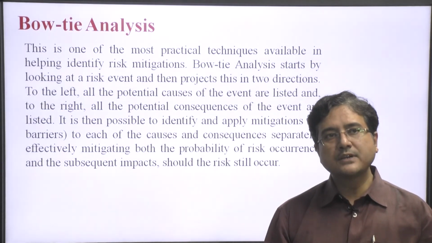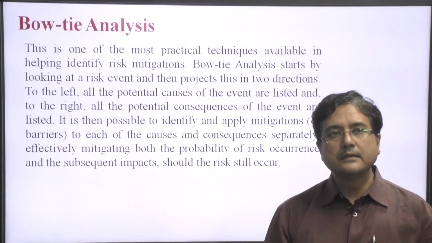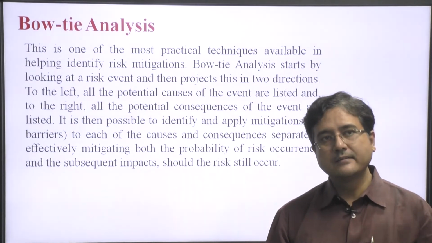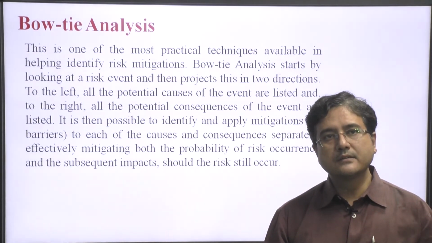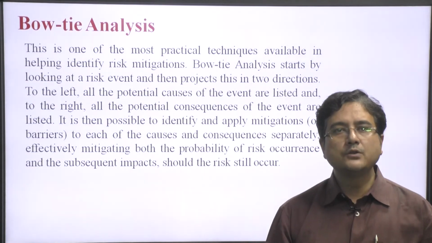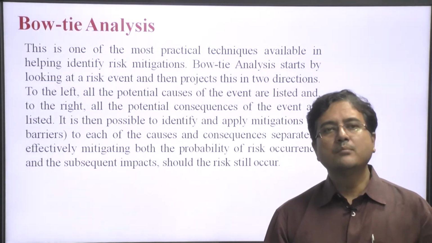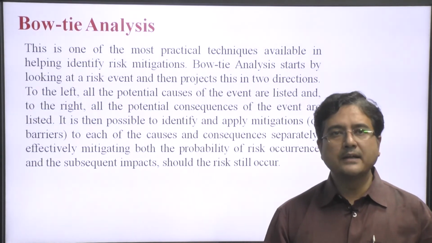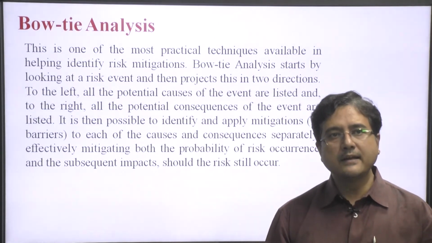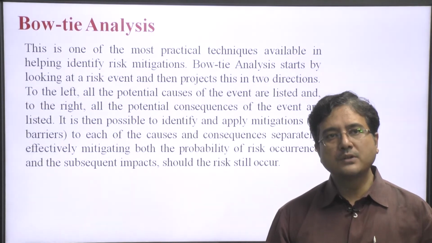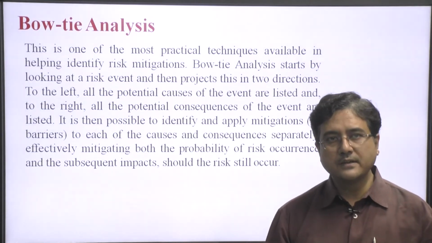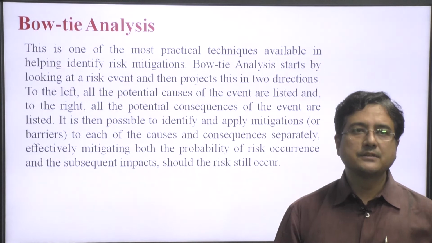Bow tie analysis starts by looking at the risk event and then projects this in two directions. On the left, all potential causes of the event are listed, and on the right, all potential consequences of the event are listed.